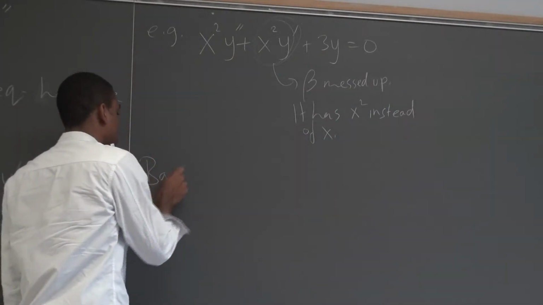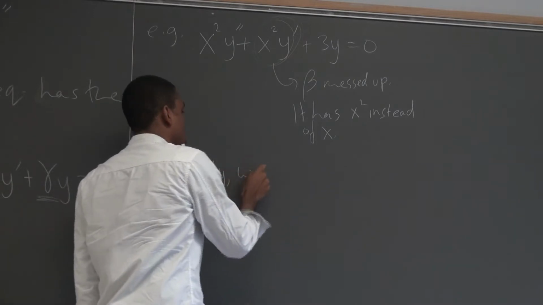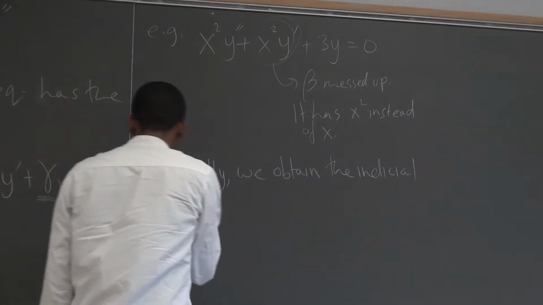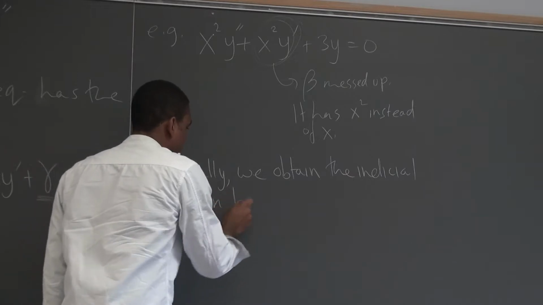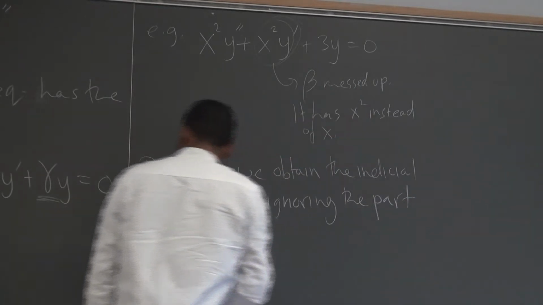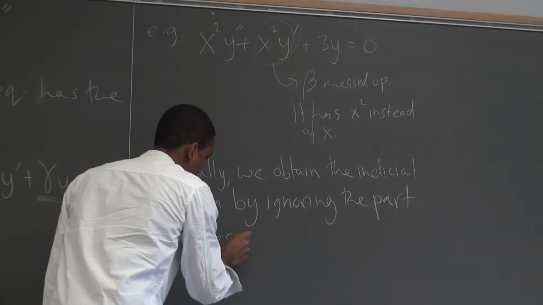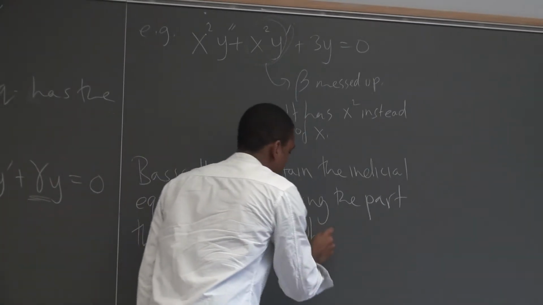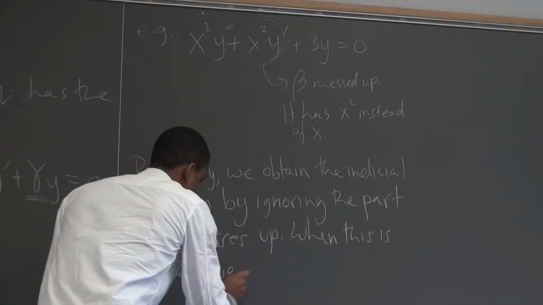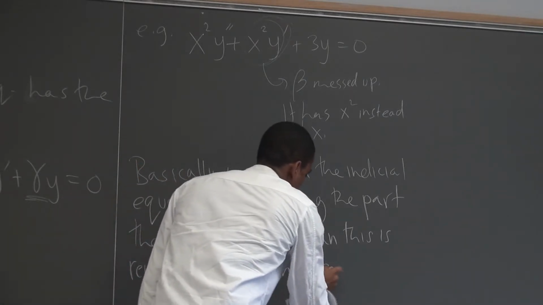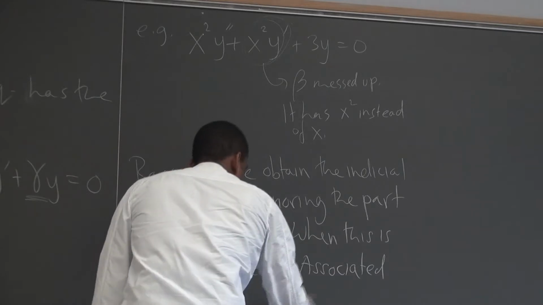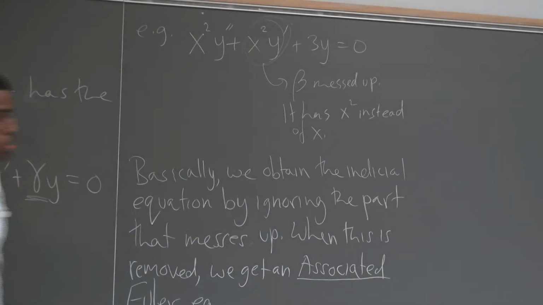So basically, we obtain the indicial equation by ignoring the part that messes up. Okay, and by ignoring some parts, we get what's called the associated Euler equation.